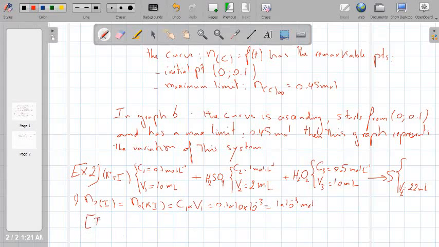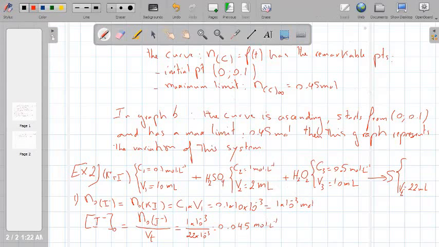We divide the initial number of moles of I minus by the total volume to obtain the initial concentration: N0 over V total equals 1 times 10 minus 3 over 22 times 10 minus 3, equals 1 over 22, which gives 0.045 mole per liter.